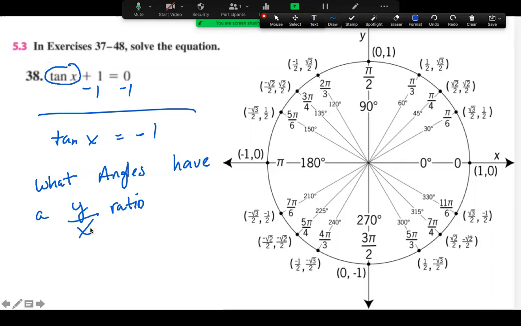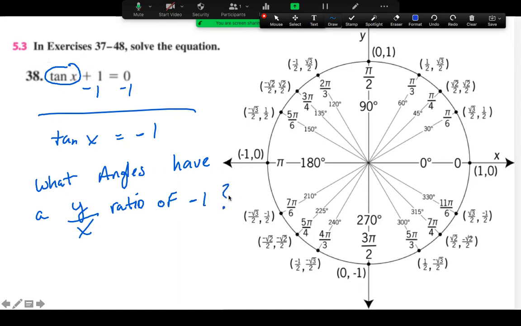Remember, the sine is indicative of the y coordinate, the opposite leg on the unit circle, and cosine is indicative of the x coordinate, the adjacent leg on the unit circle. So you're asking yourself, what angles have a y over x ratio of negative 1?